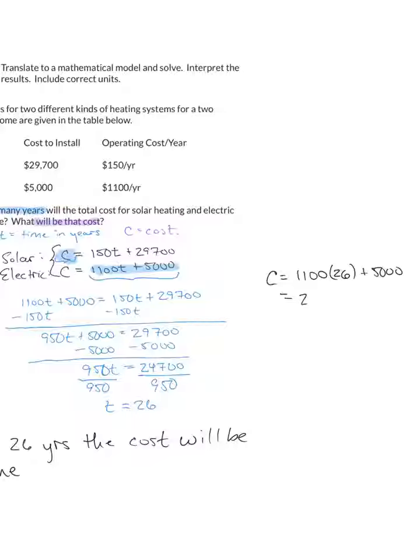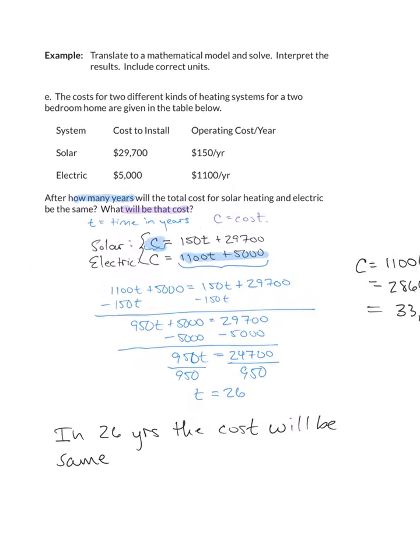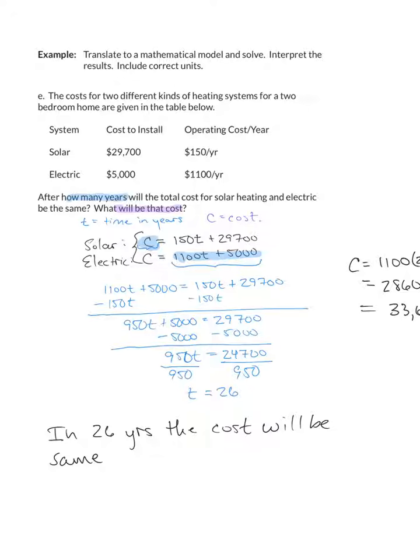That's going to be 28,600 plus 5,000, which is equal to 33,600. So to finish this off, that cost will be 33,600.